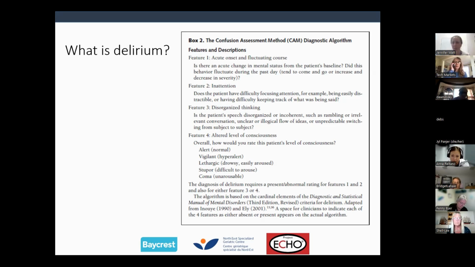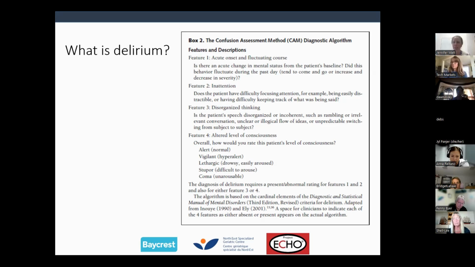But the key features of this being that it has to be an acute change, and there will be some fluctuation throughout the day to somebody's mental status and level of consciousness. And then they have to demonstrate inattention, which you can informally assess if somebody's not able to follow your commands or instructions, although I know sometimes that can just be a part of somebody's dementia syndrome.